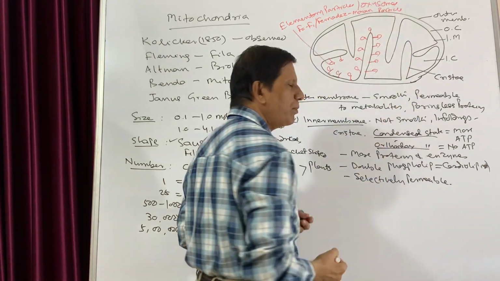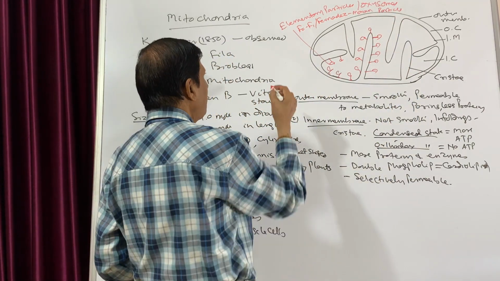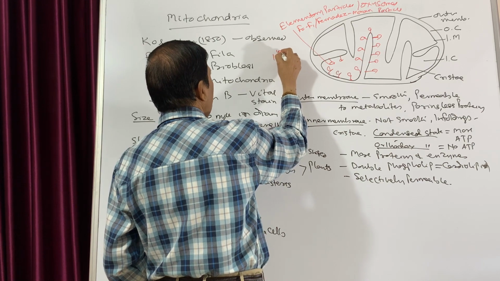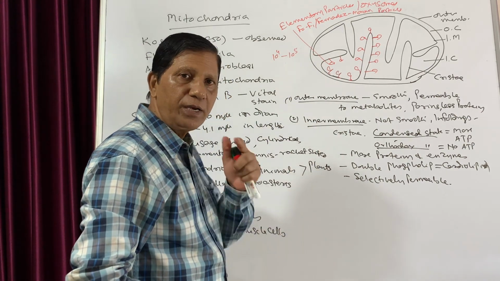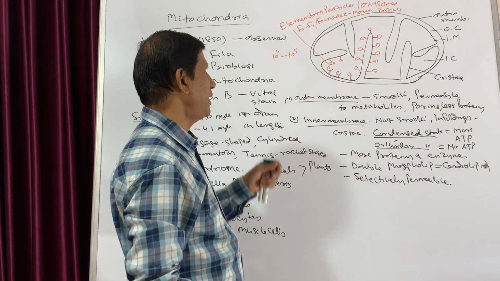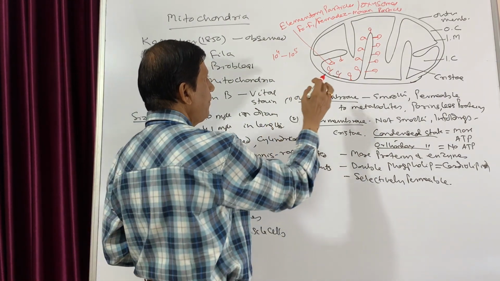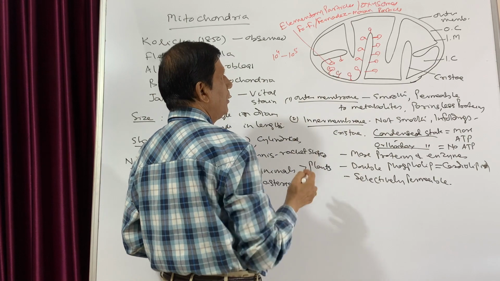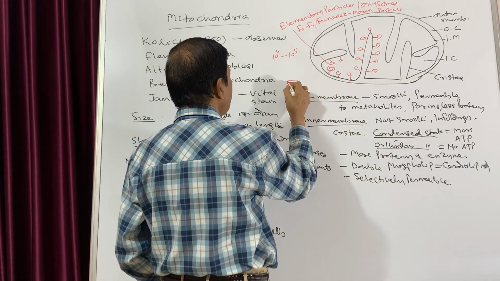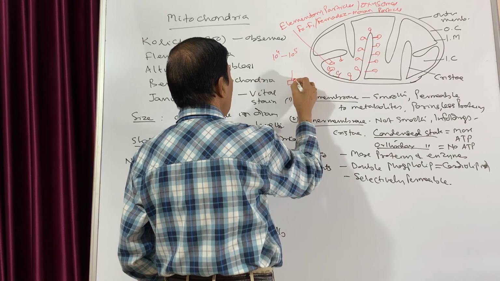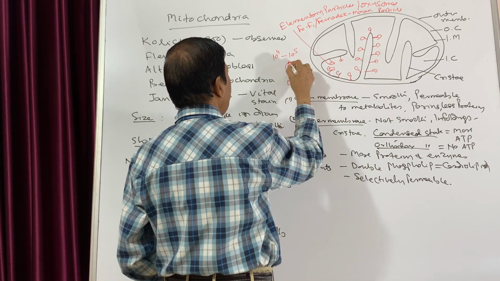And what is their number per cell? Usually the number per cell varies from 10 to the power 4 to 10 to the power 5. In a particular mitochondria, that large number is there. Each oxysome or elementary particle has one base, one stalk and one head.